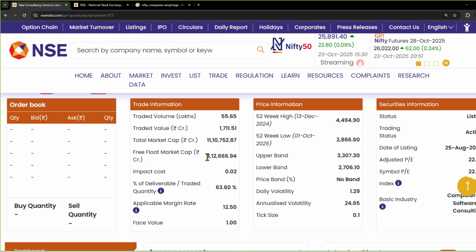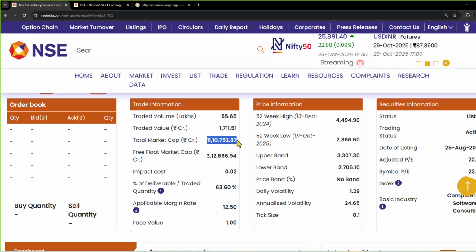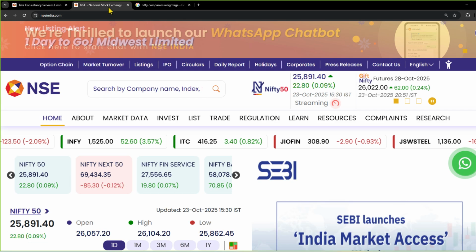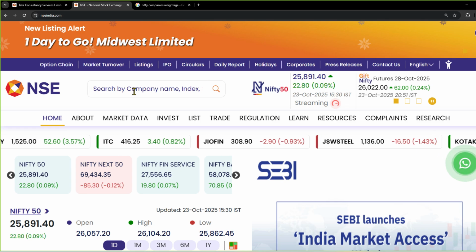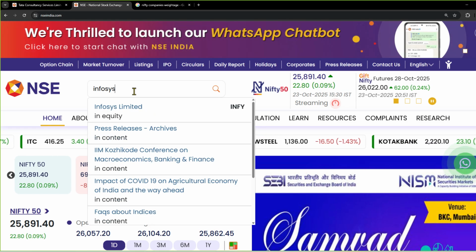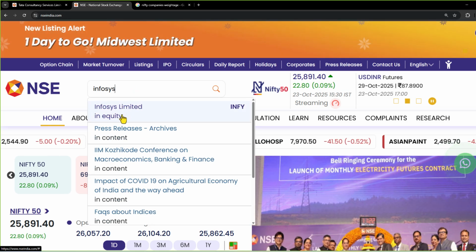Okay. So now you get an idea as to how many shares are with the public, right? You know how to calculate it. You can see that the free float is lesser than total market cap, right? Now in the same way, in NSE, I will say Infosys, and I will click on Infosys Limited in equity.